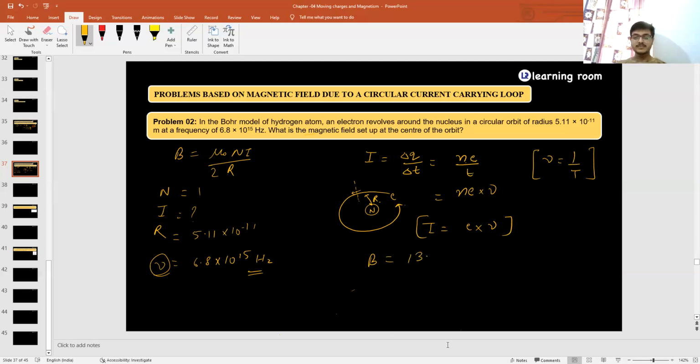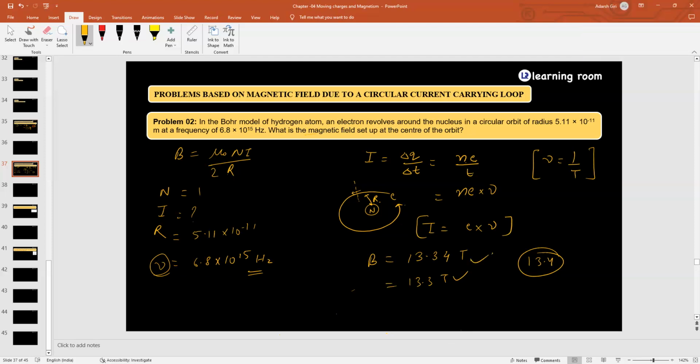Are you getting this value? I got 13.3. Yeah, the exact answer that I have is 13.4. These are considered. These are correct. Understood? Yes, sir.